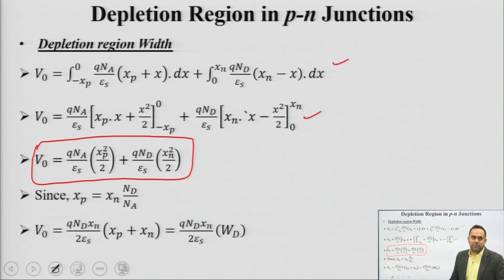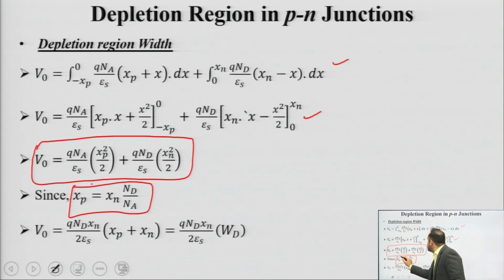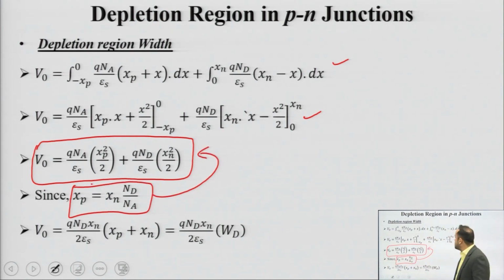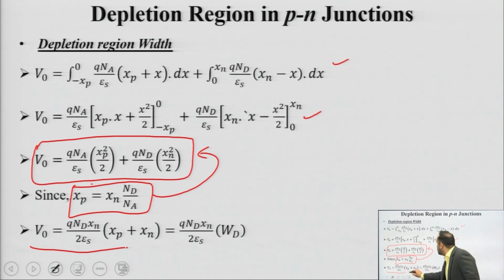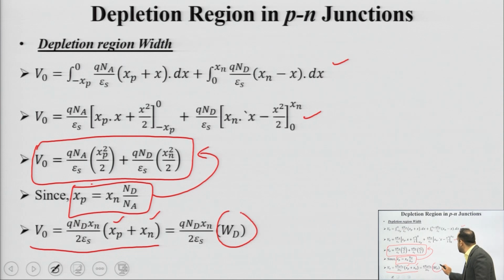This is for V naught, the built in potential. This we already know. Substitute this in this expression. This is the value you are going to get for V naught. Xp plus Xn, the p side of the depletion region plus the n side of the depletion region, add them together, this is your total depletion region width. I still have Xn to be eliminated here.